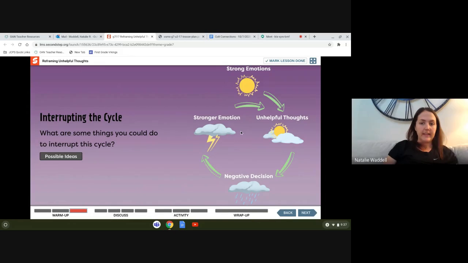This is just like our flow chart that we did last week. We start off with that strong emotion, okay? That strong emotion leads to an unhelpful thought. That unhelpful thought leads to a negative decision, and that negative decision will lead to a stronger emotion.